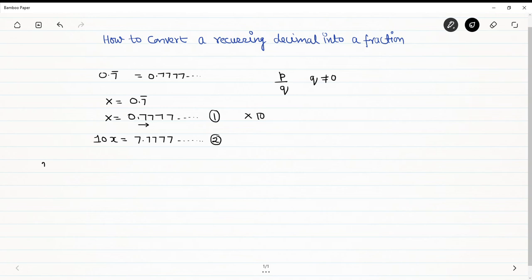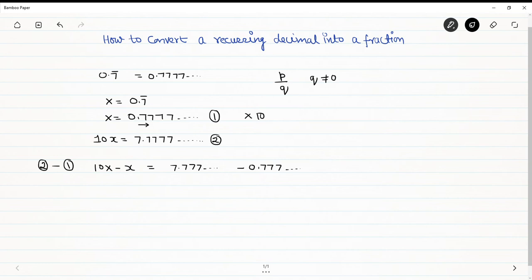Now we will subtract equation 1 from equation 2. So I'm subtracting equation 1 from equation 2. Obviously the left side is 10x minus x, while on the right side we have 7.777 going up to infinity minus 0.777 going up to infinity.